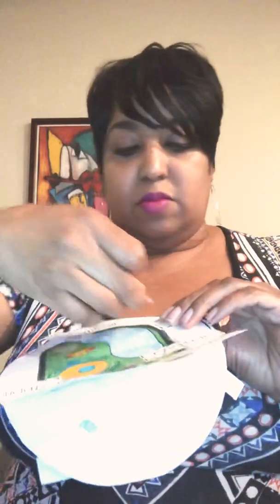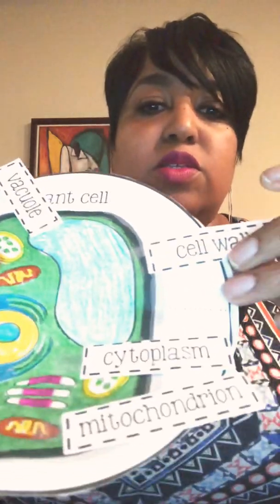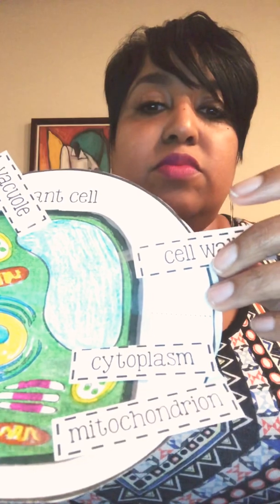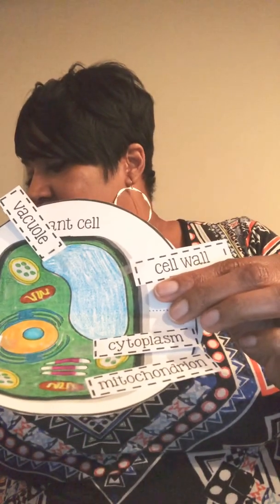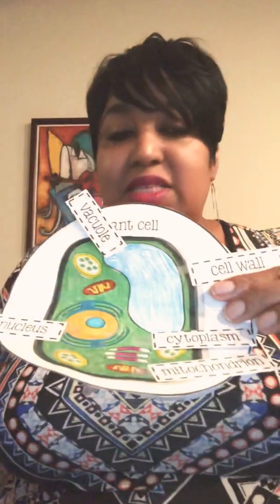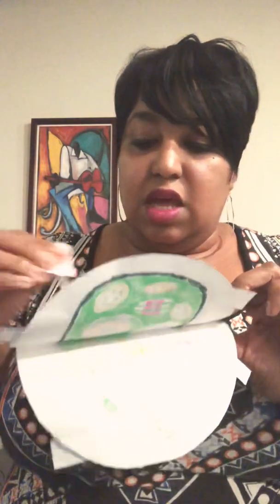So we are going to go ahead and show that rigid cell wall. So that is my cell wall. So I'm going to make that hard black line my cell wall. Behind my cell wall, I have my cell membrane. So it's going to be in a little bit further.